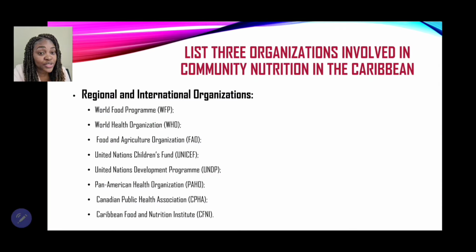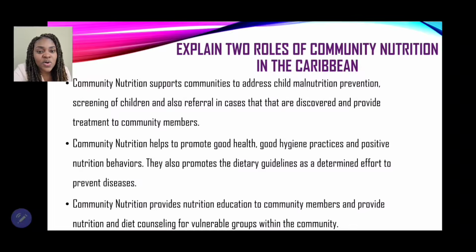They promote the dietary guidelines of the Caribbean, right? That is in a determined effort to prevent diseases, and also community nutrition provides education to community members to provide nutrition and diet counseling for vulnerable groups within the community.